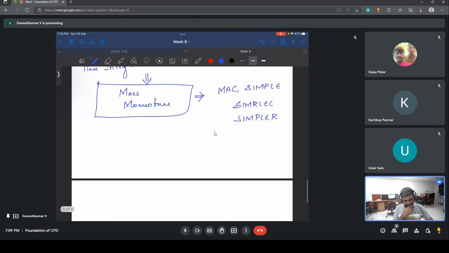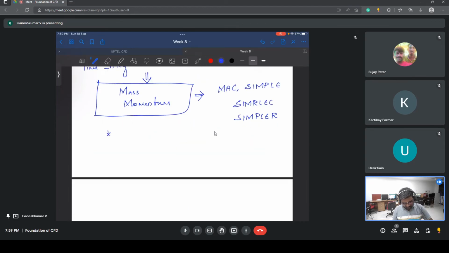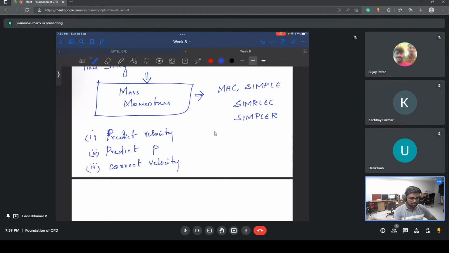What we did in SIMPLE was, first, predict the velocity, then predict the pressure, and then correct the velocity. This is what we did in SIMPLE, and this is what the lid driven cavity code is also doing.